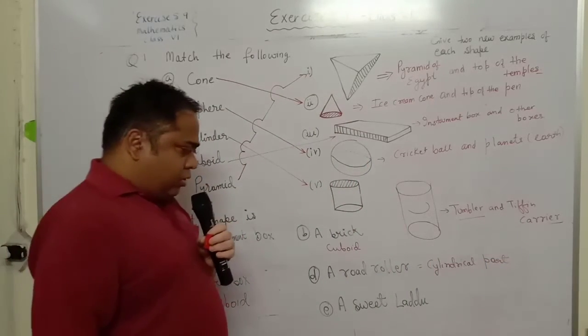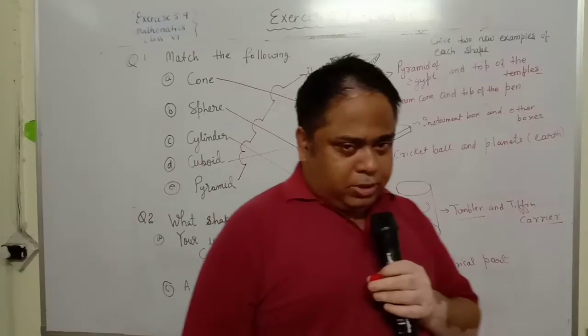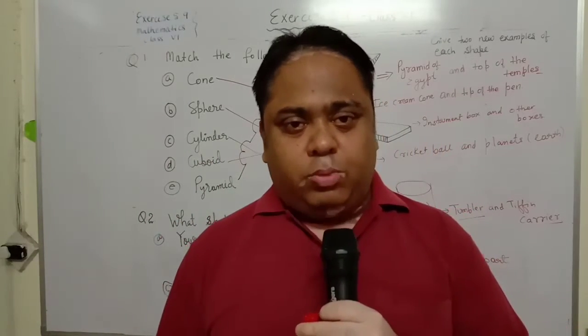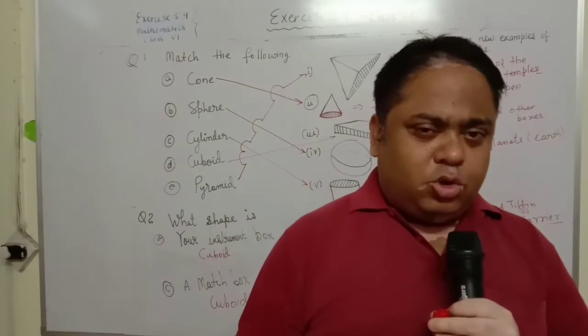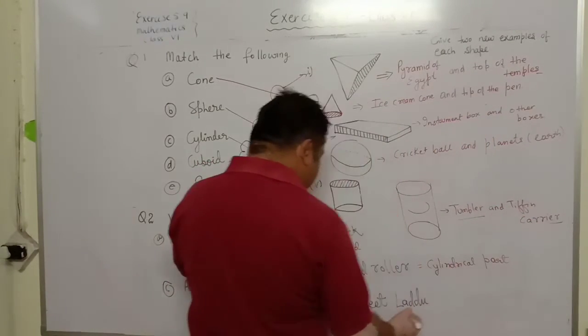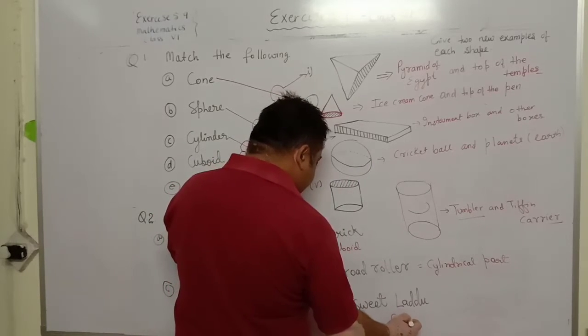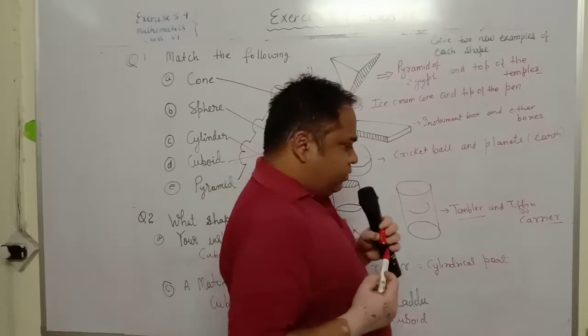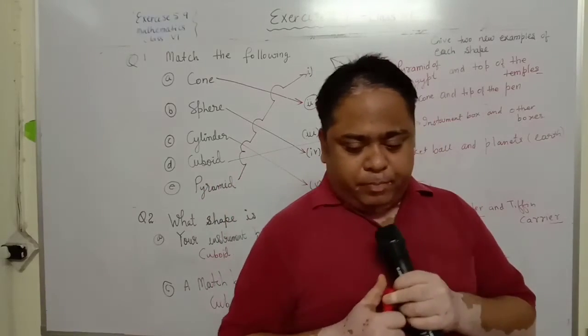A sweet box. A sweet box can be cube also, and a sweet box can be cuboid also. But generally it is cuboid, not a cube. So it will be also cuboid. Now what is the difference between a cube and a cuboid?